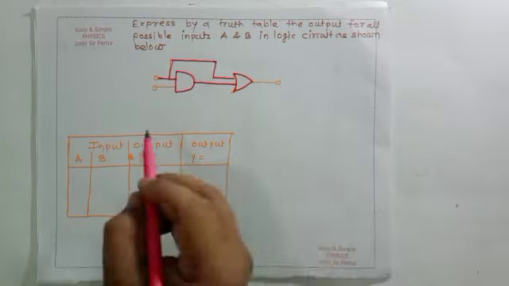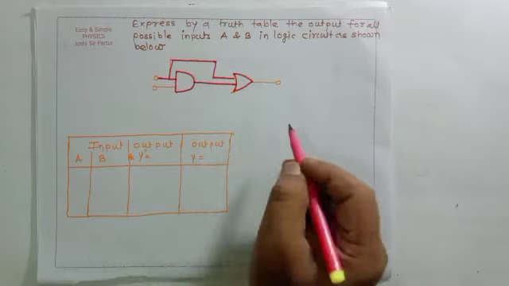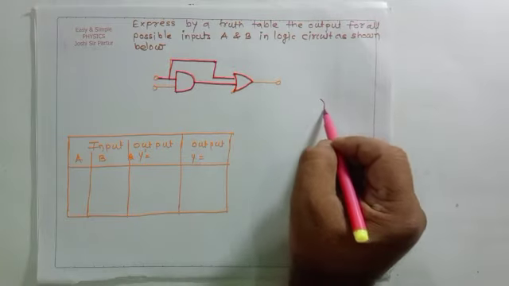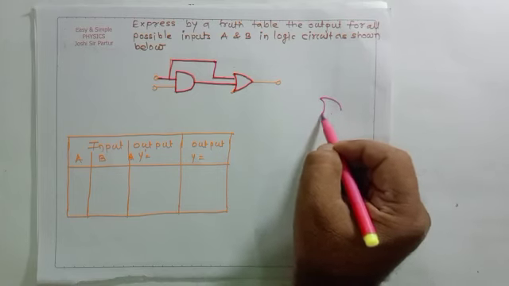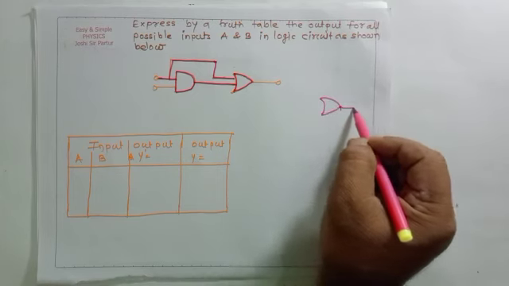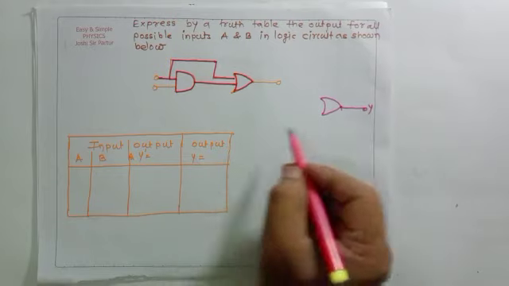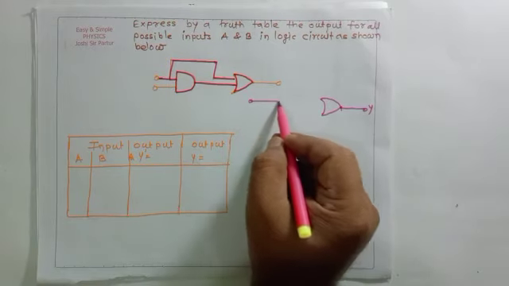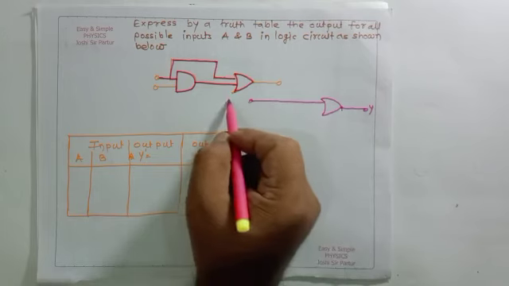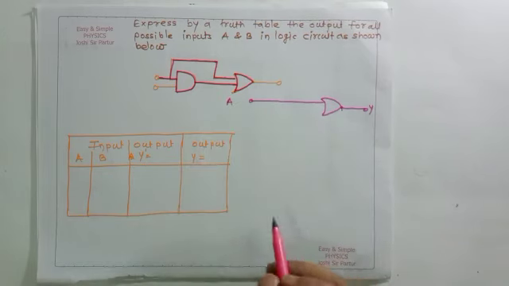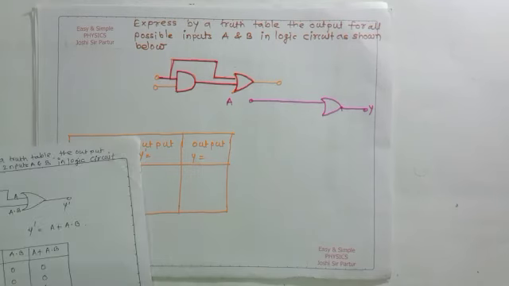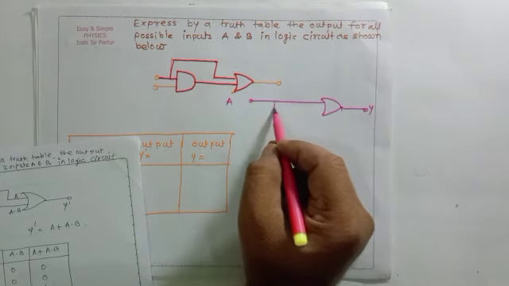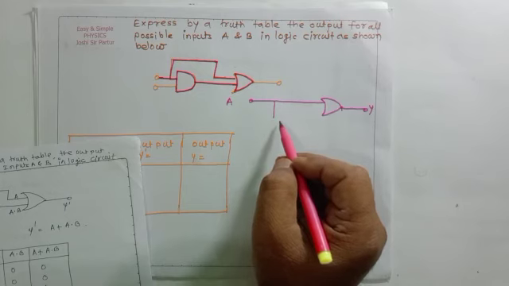Here the equivalent circuit has an OR gate having output Y, and input A for the OR gate, which will also be an input of the AND gate.